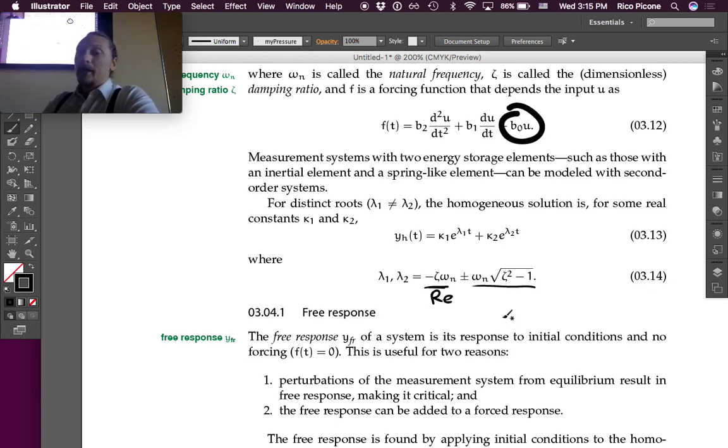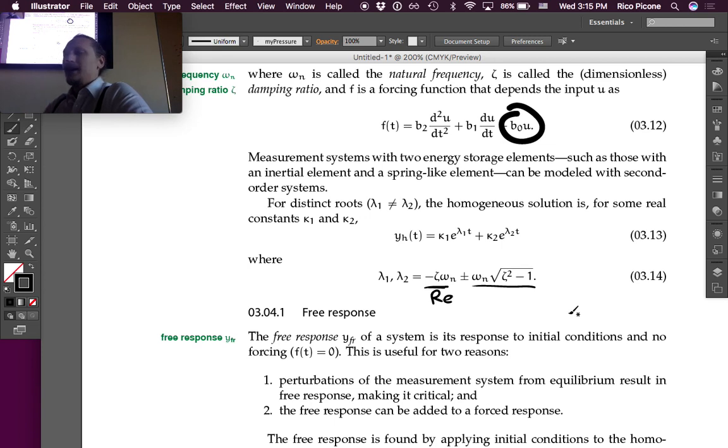What happens when we have a square root of a negative number? It's imaginary, right? So we have a complex conjugate pair of poles if zeta is between -1 and 1.